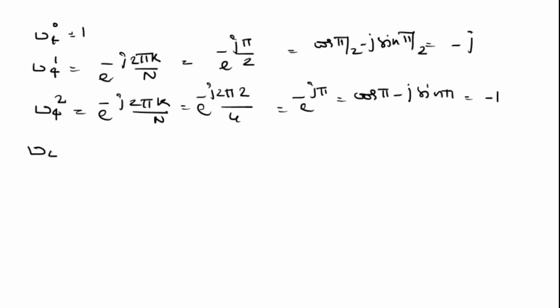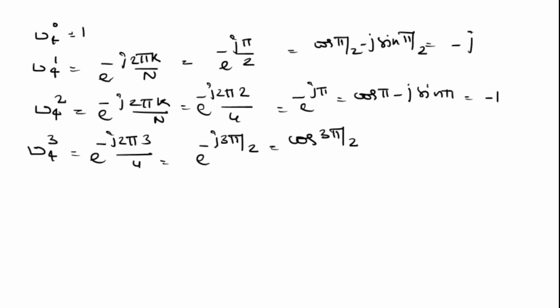Next we have omega 4 of 3, e power minus j 2 pi into 3 divided by 4, which is equal to e power minus j 3 pi by 2. That means cos 3 pi by 2 minus j sin 3 pi by 2, which is equal to j.